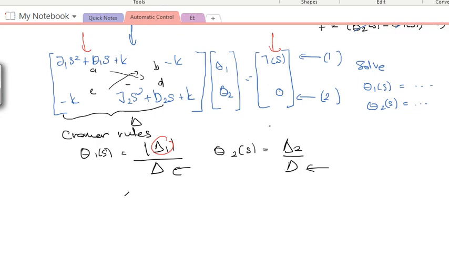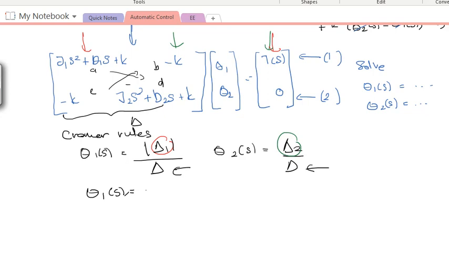And for determinant 2, it's when you replace the second column with the solution, Ts0. Right? So once you have these, at the end you will have theta 1s and theta 2s. I'll leave it to you to do the calculation.